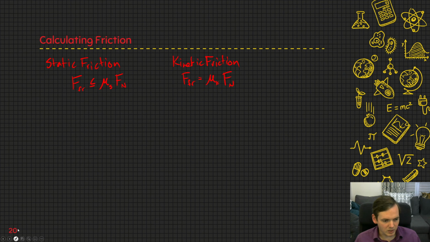So let's add some labels here real quick. So static friction, that's this force. Kinetic friction, that's this force.